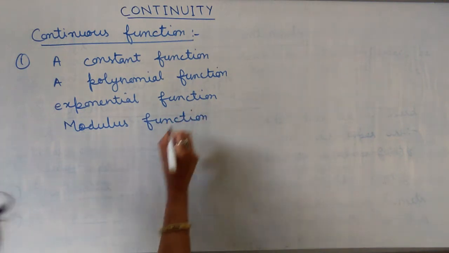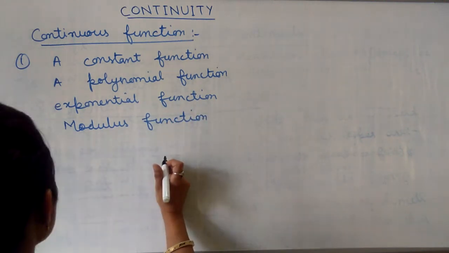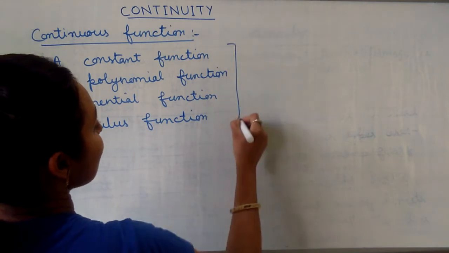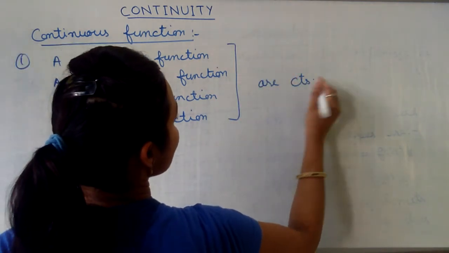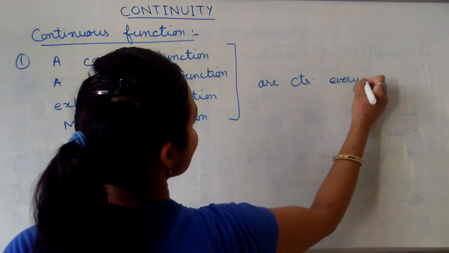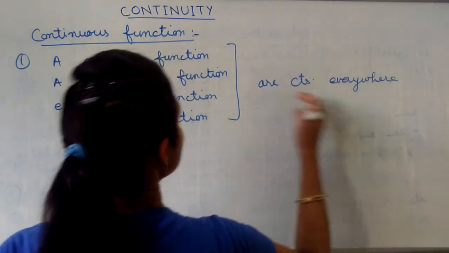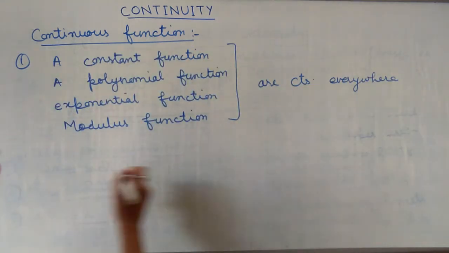These four are continuous everywhere. So these are the four functions which are continuous everywhere.